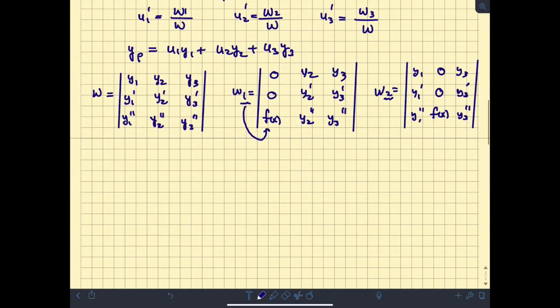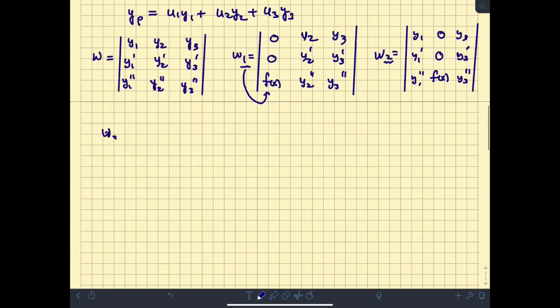And then you can write W3 the same way. It's a W3, so the first two columns will stay the same, y1, y1 prime, y1 double prime, y2, y2 prime, y2 double prime, and the third column changes to zeros and f. And that's how you could find all three W's, and then divide them by the original Wronskian, and then find your u's, and then take the integrals, and then you'll have it.